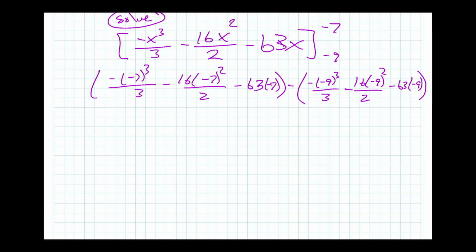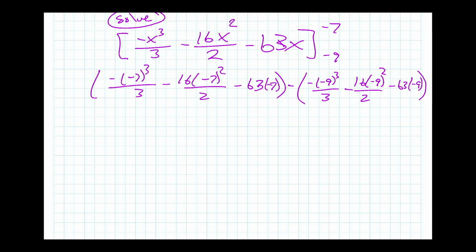So 7 to the third power, what's that? 343. So this will be -343, and then the negative, which is going to be positive. I'm just waiting for a notification to move out of my way before I can write again.